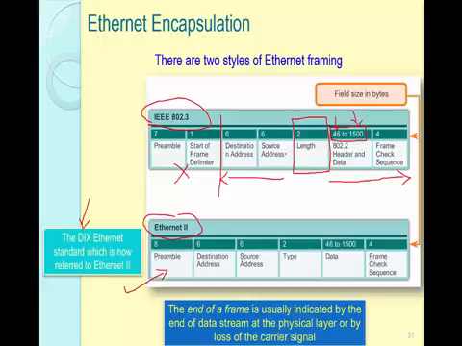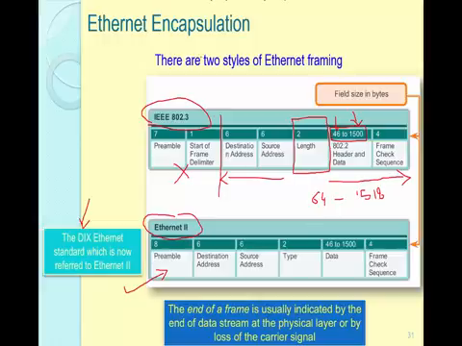Once you add the 6, 12, 14, 18 bytes of header and trailer information, you're talking about a limit of up to 1518 bytes, and the minimum is 64. Meaning a frame can be no smaller than 64 bytes and no larger than 1518 bytes. So that's in terms of frame limitation, and this limitation also applies to Ethernet 2.